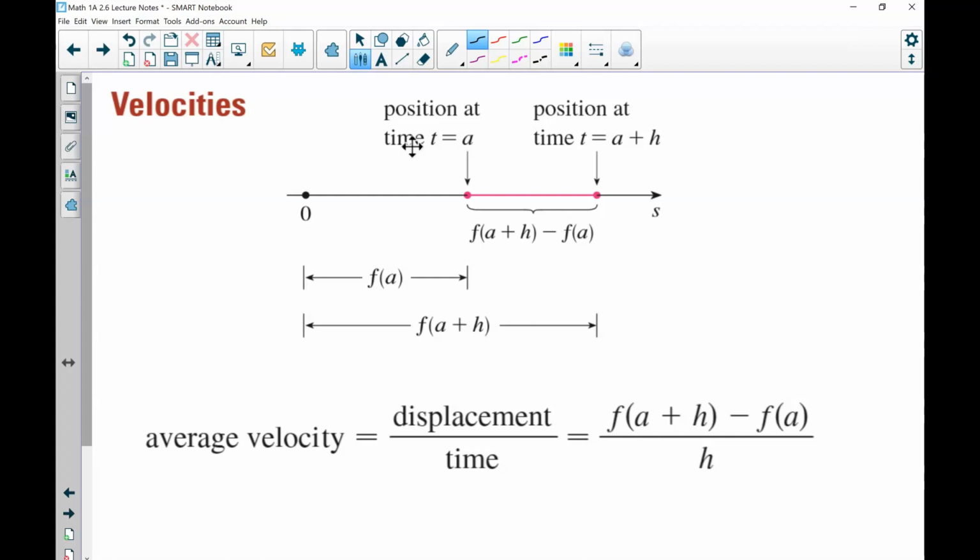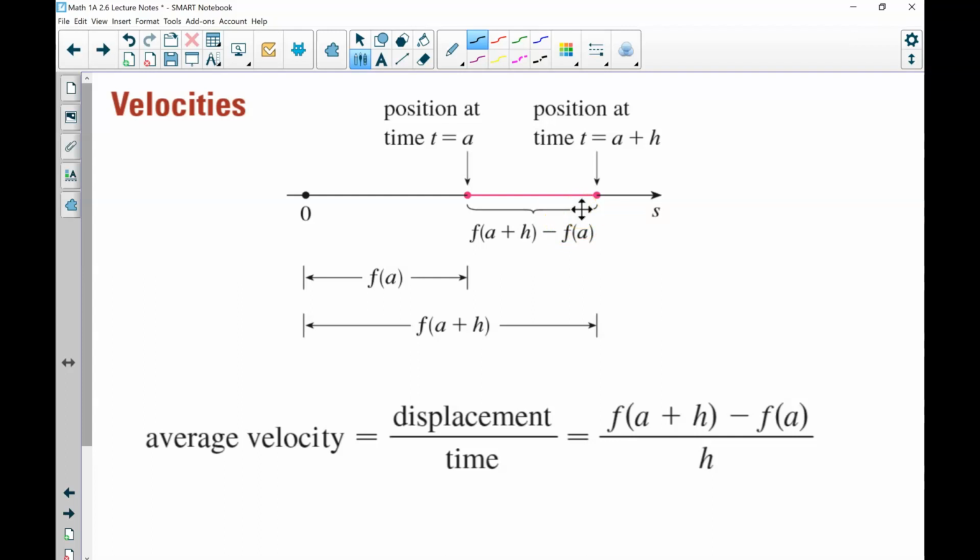Now the function f that describes the motion is called the position function of the object. So in the time interval from t equals a to t equals a plus h, the change in position is f of a plus h minus f of a.